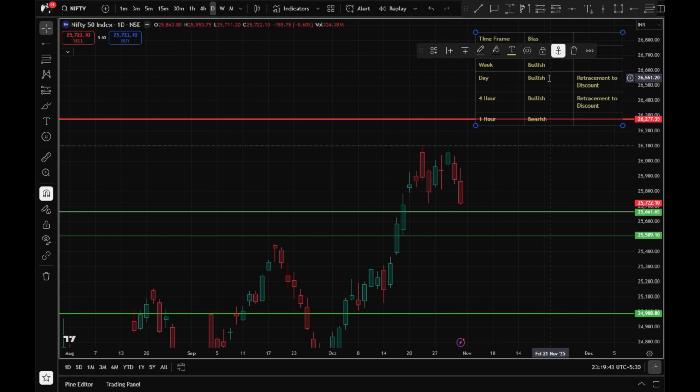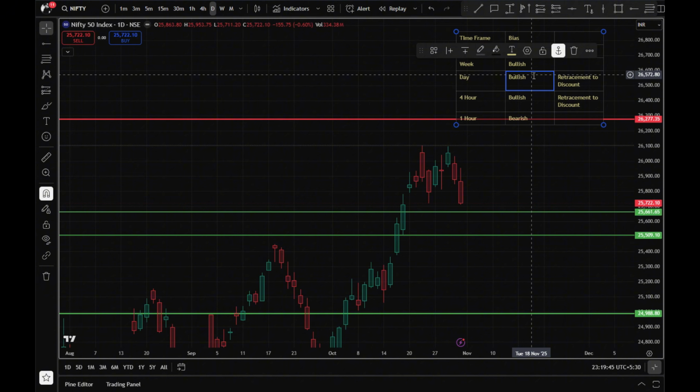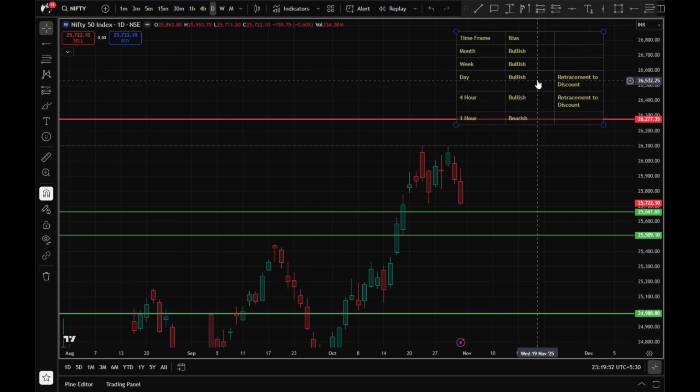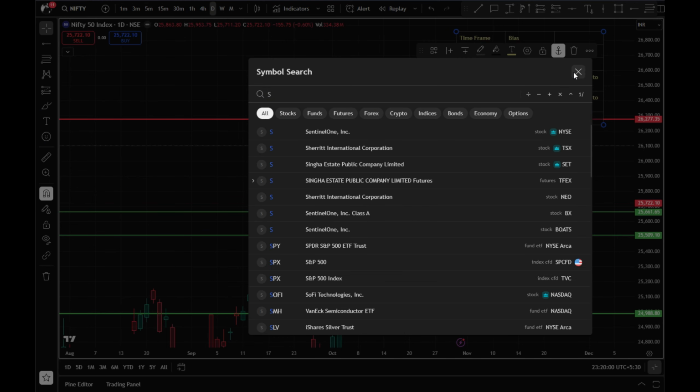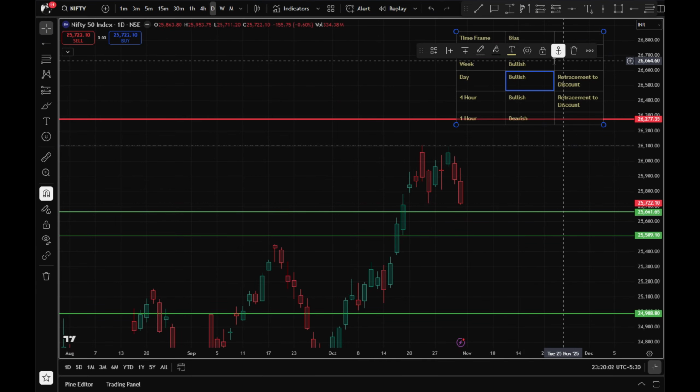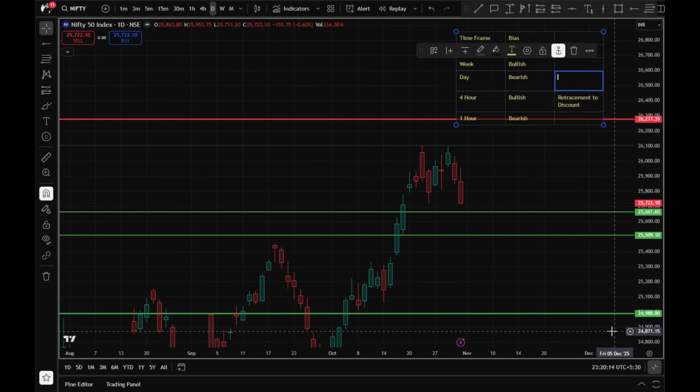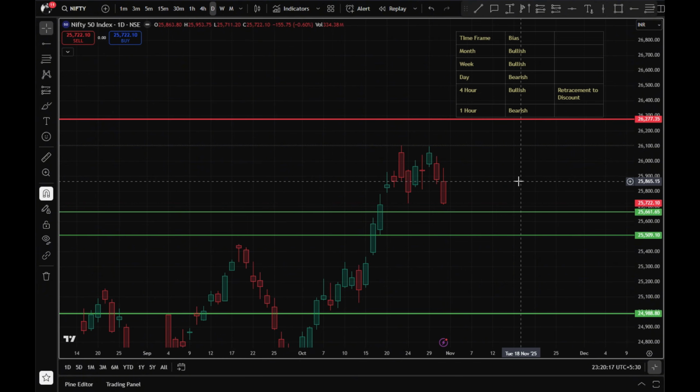So that means on a daily time frame, Nifty has become bearish, which obviously is not a good sign. I'm not looking to take any trades on this.